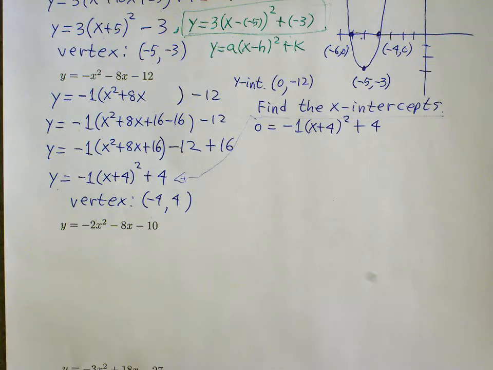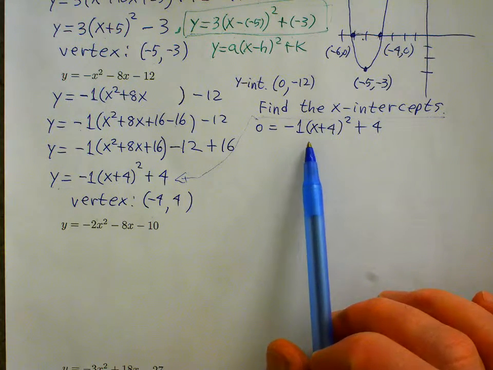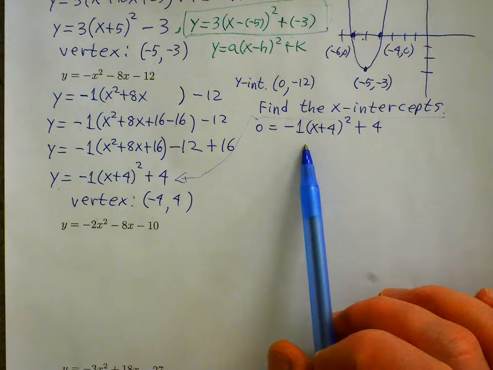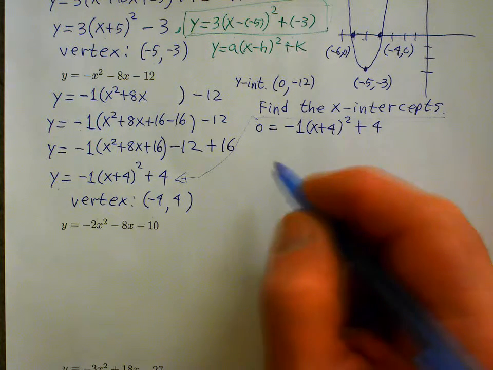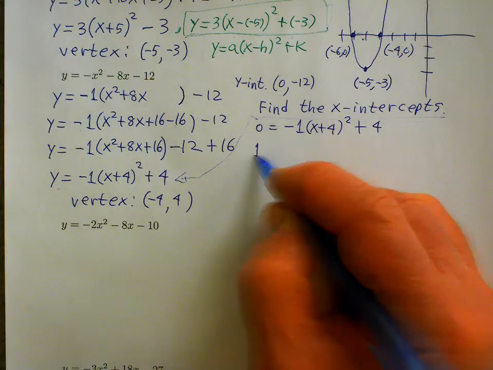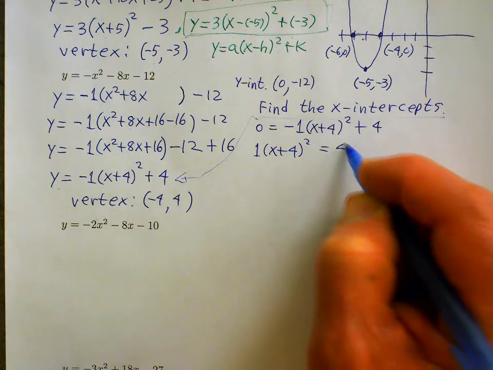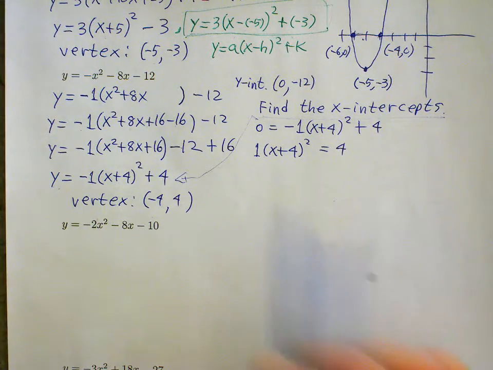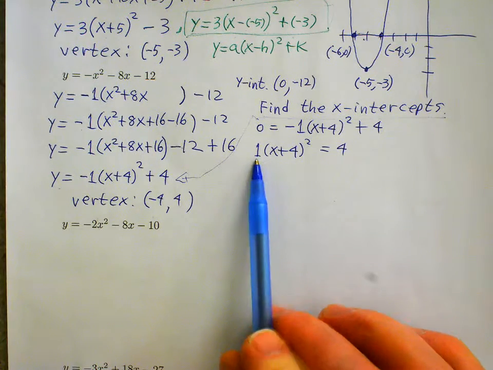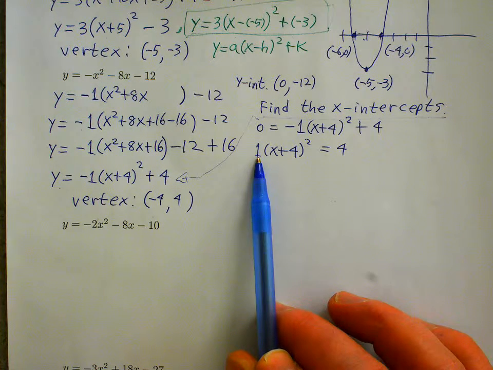Then we can add 1 times x plus 4 squared to both sides. So 1 times x plus 4 squared equals 4. So in the next step, I'm going to ignore the factor 1, since that doesn't change anything.